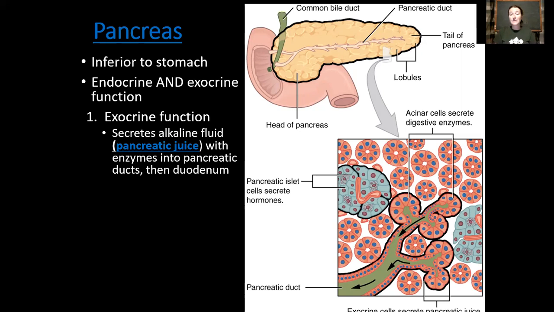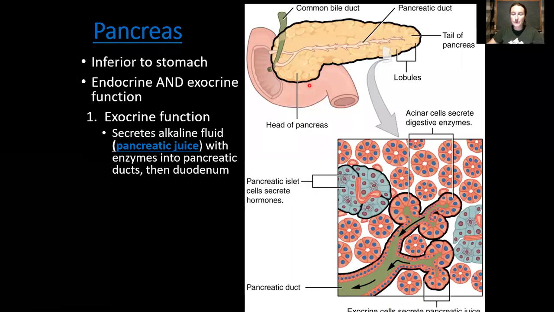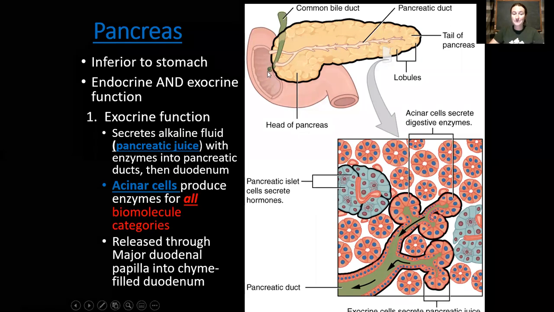The pancreas is one of the ways that we do that. These acinar cells produce those buffers and dump them into the pancreatic duct, which then, as we can see up here, joins together with the bile duct to dump those fluids into the duodenum via the major duodenal papilla, this little dot right here.